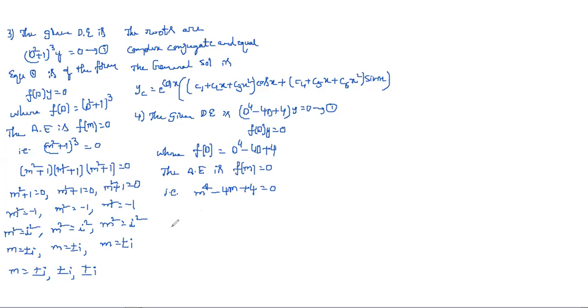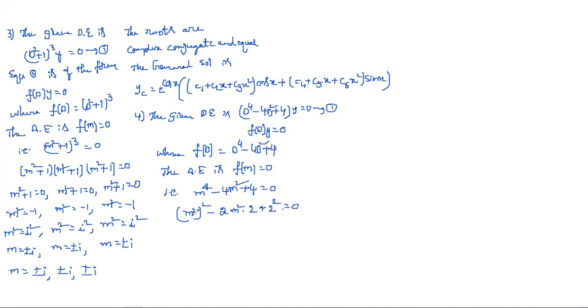And then how can we write this one? Can we write this one as m square whole square minus 2 into m square into 2 plus 2 square is equal to 0? Can you write the above equation like this or not?